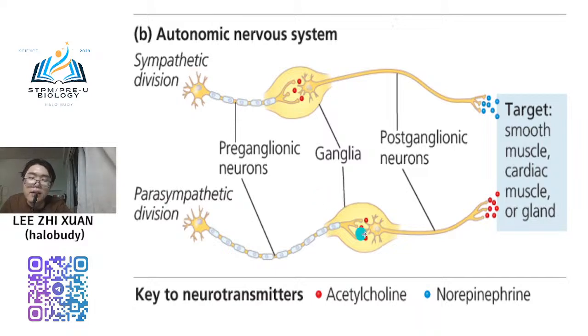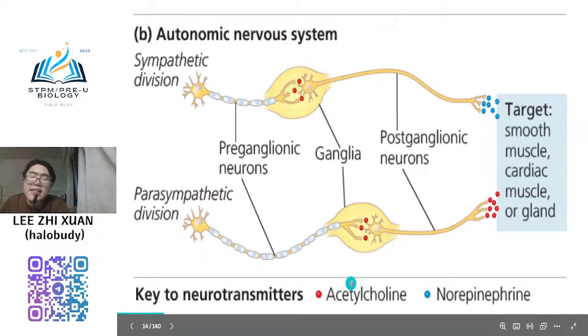And then another difference is in terms of the neurotransmitter they release. In both of the systems, sympathetic and parasympathetic, at the first part, for the pre-ganglionic part, the interaction between the pre-ganglionic and post-ganglionic, they release the same neurotransmitter we call acetylcholine.